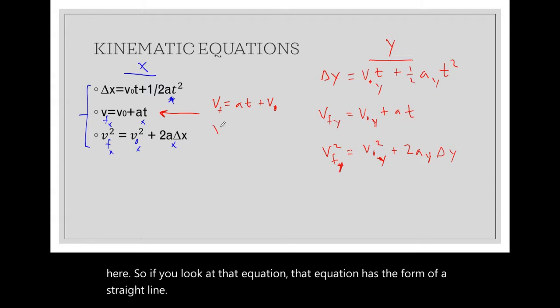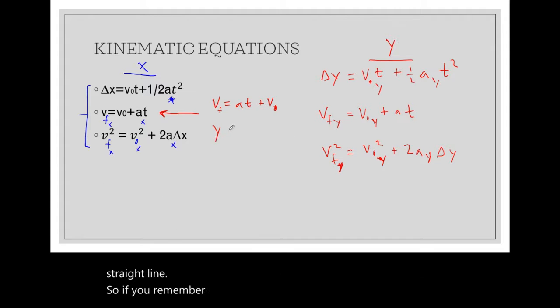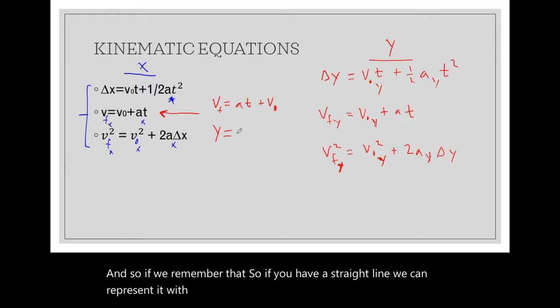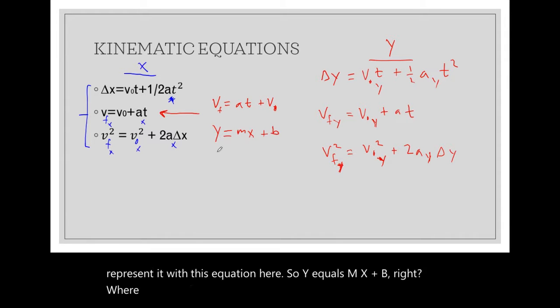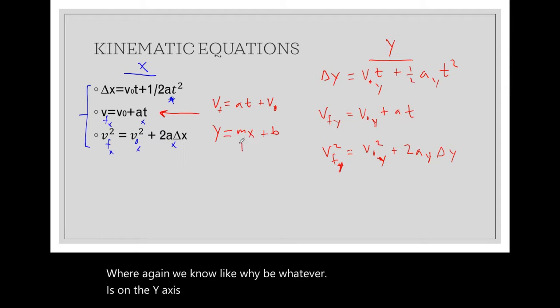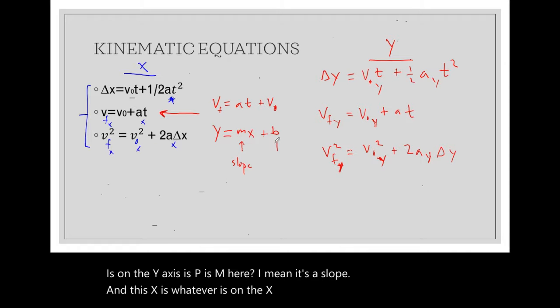If you have a straight line, we can represent it with this equation: y equals mx plus b. Again, y is whatever is on the y-axis, m is the slope, x is whatever is on the x-axis, and b is the y-intercept.